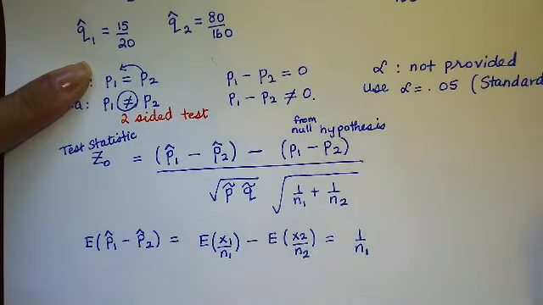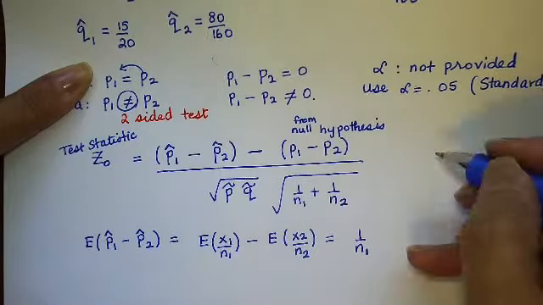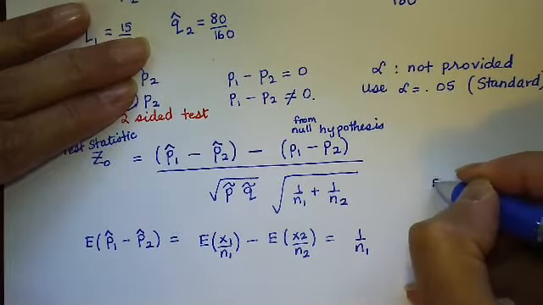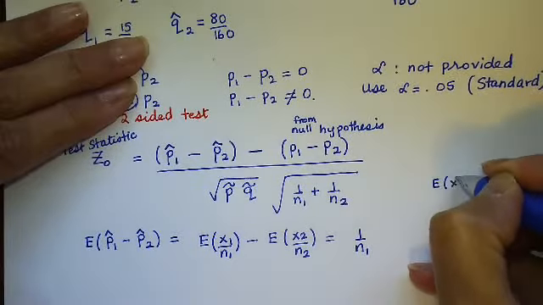Now this 1 over n1 is a constant, so 1 over n1 times E of x1, x1 is binomial. X is binomial with mean np and variance npq.